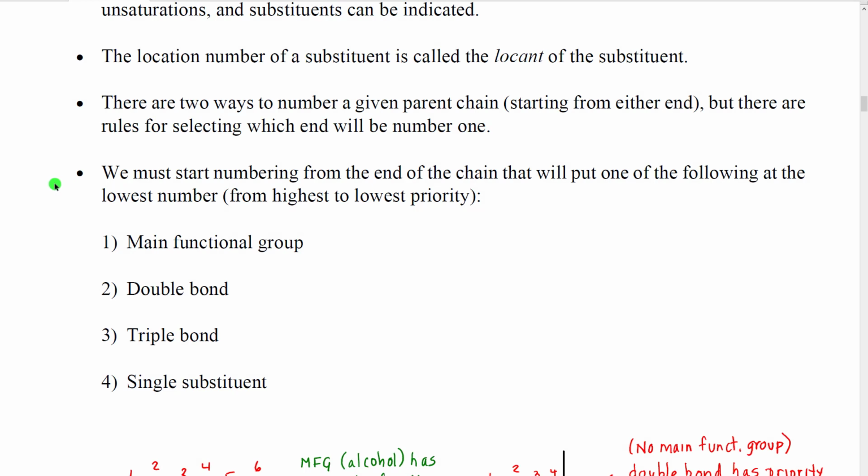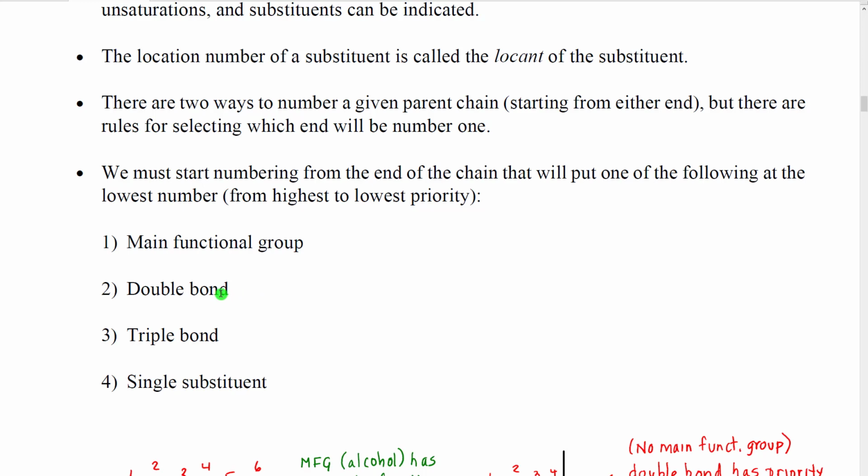So we will need to have rules for selecting which end will be number 1. And here are the rules. We start numbering from the end of the chain that will put all of these different groups at the lowest numbers possible. So for example, our main functional group takes the highest priority. We definitely want to get that at the lowest number possible.